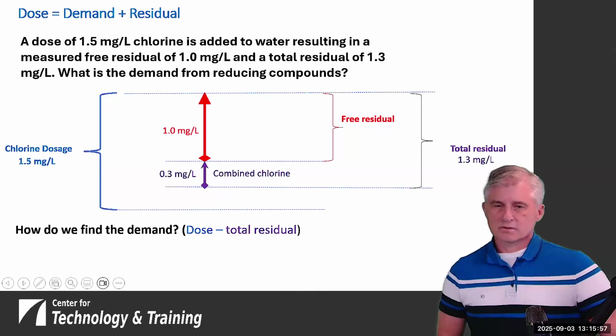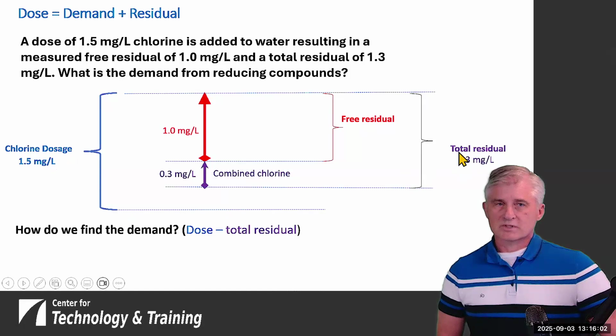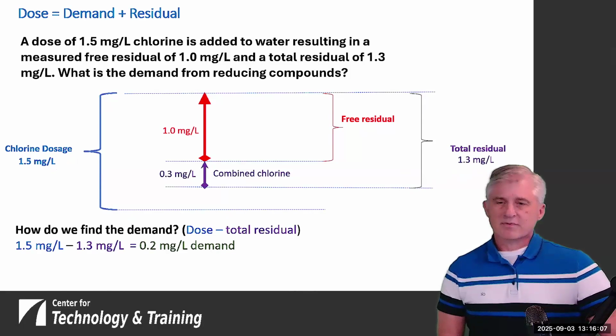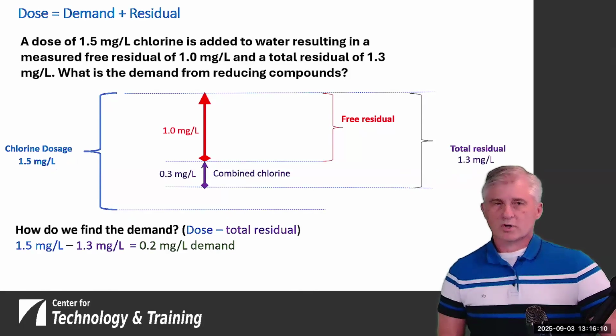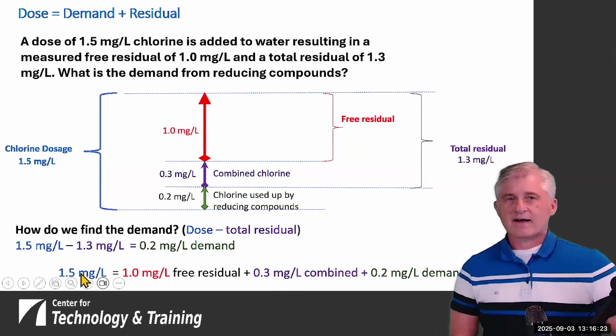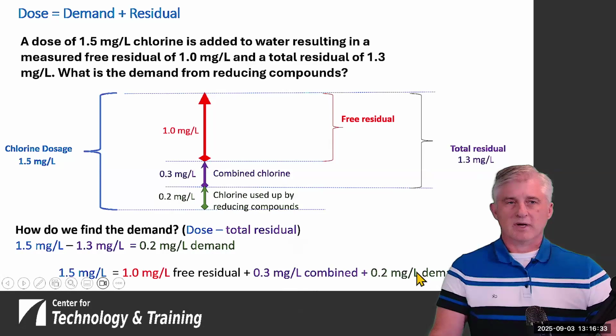Well, we take our dose, which was 1.5. We subtract out our total residual of 1.3. And that tells us that the demand from the reducing compounds is 0.2 parts per million. So getting that all out here, we've got 1.5 as a dose, we have 1 of free, we have 0.3 of combined, and we have 0.2 used up by the reducing compounds.